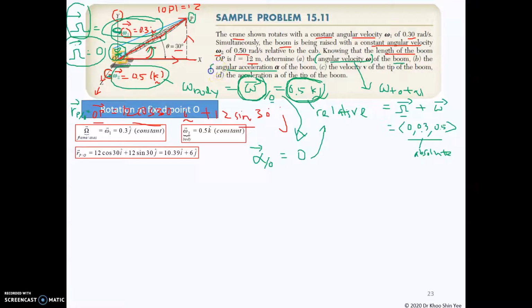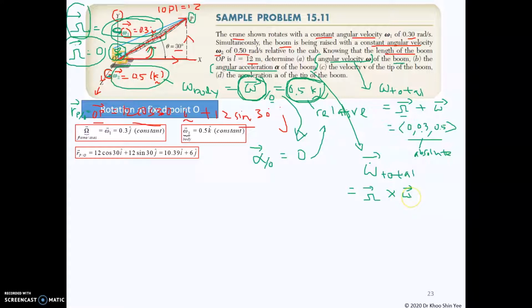You should know that the absolute angular acceleration of the boom is equal to the omega dot total formula that you learned previously, which is equal to Omega cross with omega. And the omega can be either omega body or omega total.